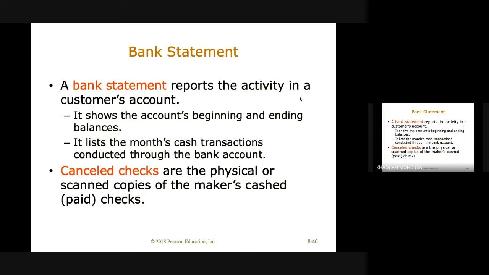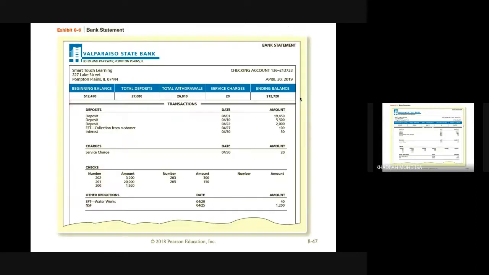So you're going to see the debit and the credit. The cancelled checks are the physical or scanned copies of the maker's cashed checks. This is an example of, in this case, Valparaiso's bank statement, and you have the deposit.